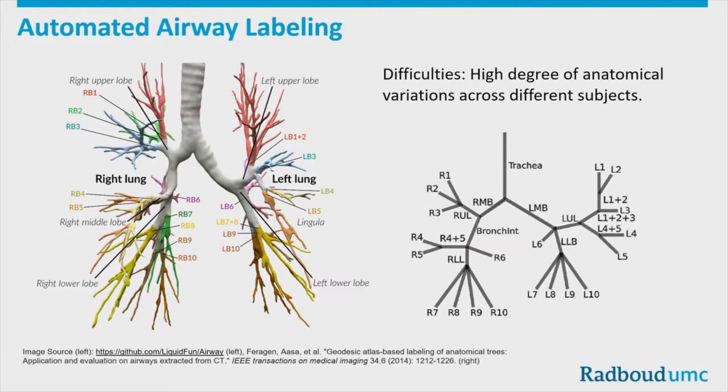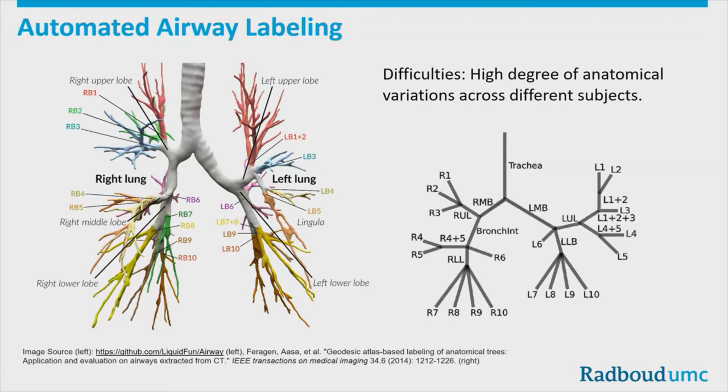The difficulty of this problem is that we have a high degree of anatomical variation across different subjects. So in the case I explained before, for instance, the right upper lobe bronchus, whether it first splits to RB1 or first splits to RB2 is not fixed.